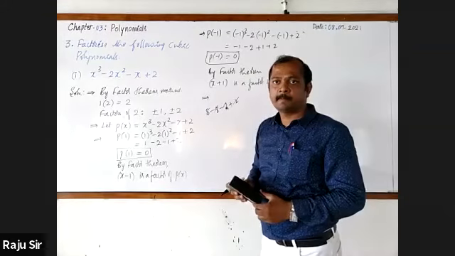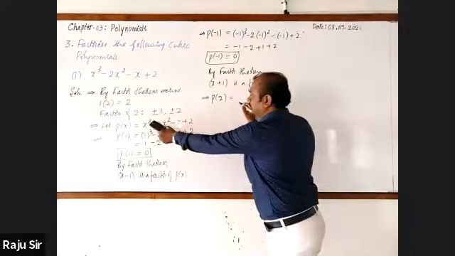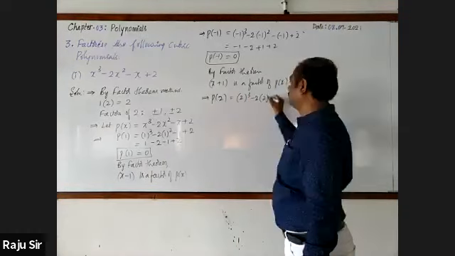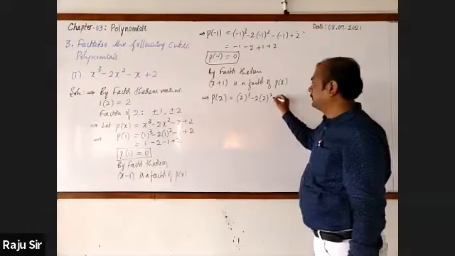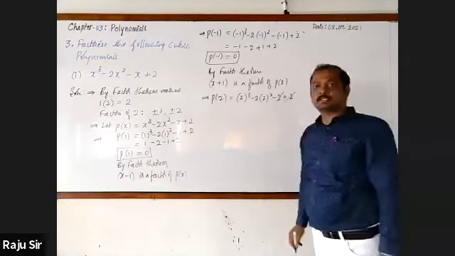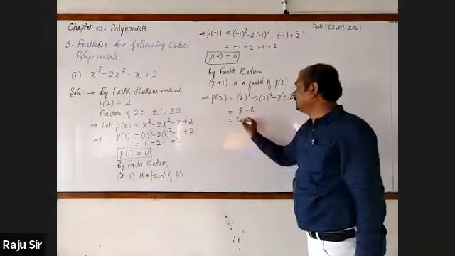It gets cancelled. Did you understand? So, P of plus 2 is equal to 2 whole cubed minus 2 into 2 whole squared minus 2 plus 2. Here it gets cancelled. This is equal to 8 minus 8, which is 0.